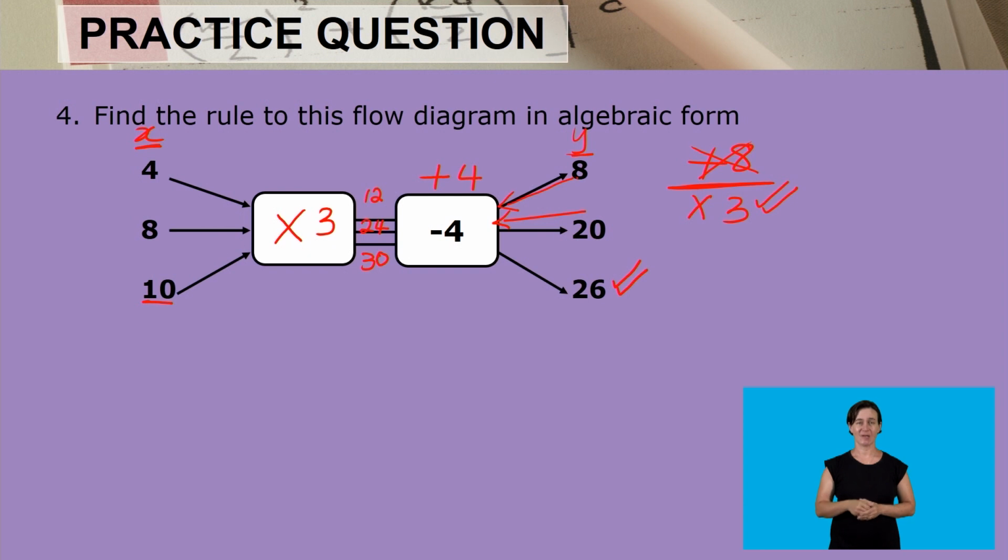So that means that the missing part of that rule was to multiply by 3. Now let's write that rule in algebraic form. That is going to be the output value we get from multiplying the input value by 3 and subtracting 4. So our algebraic rule is going to be 3x - 4.